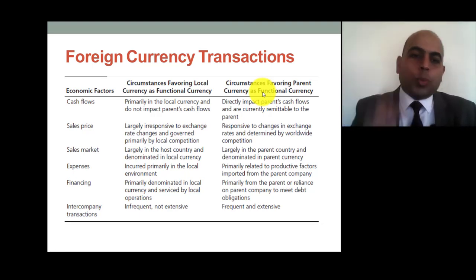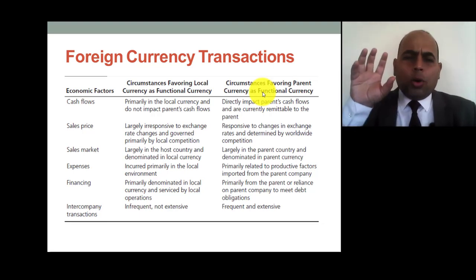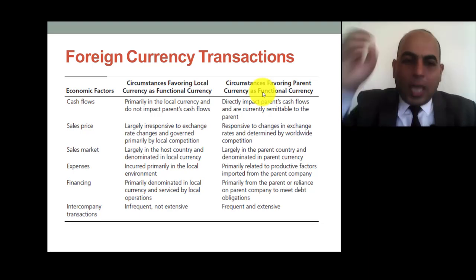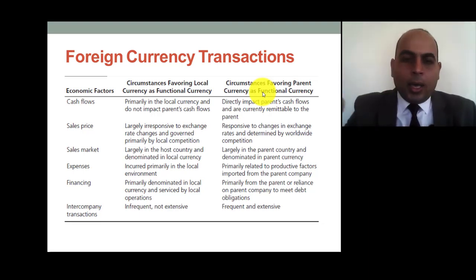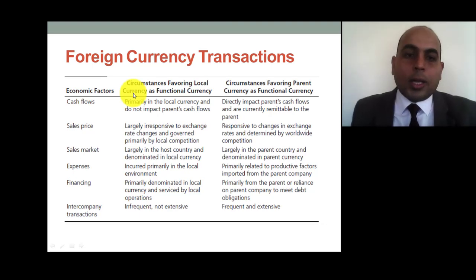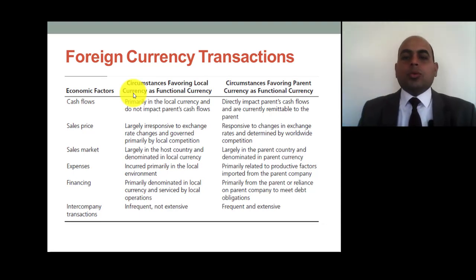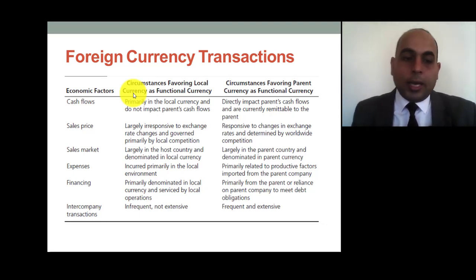Otherwise, if the sales price is irresponsive, if the exchange rate doesn't affect us, in this case we are in favor to choose local currency as functional currency. And mostly if the expenses are incurred in the local currency, we are in favor to choose local currency as functional currency. Otherwise we are in favor to choose parent currency as functional currency.